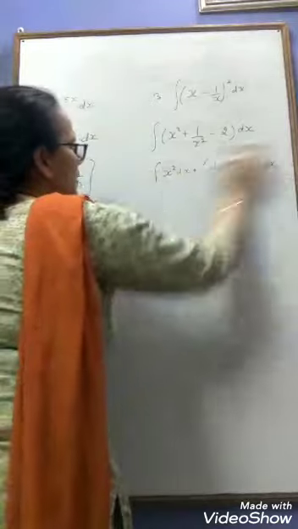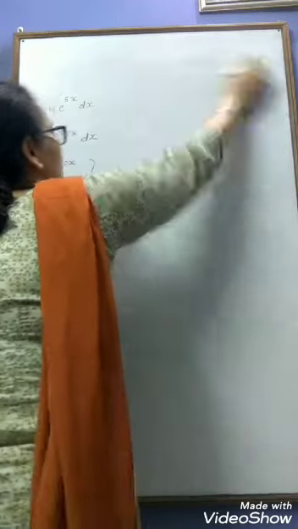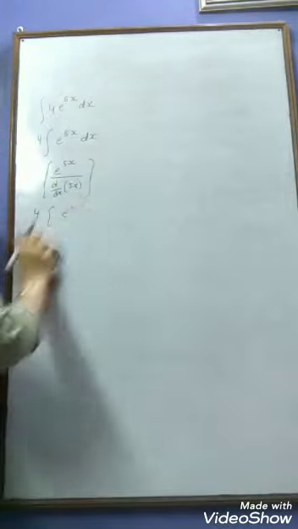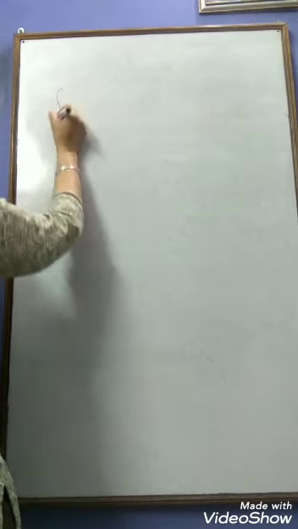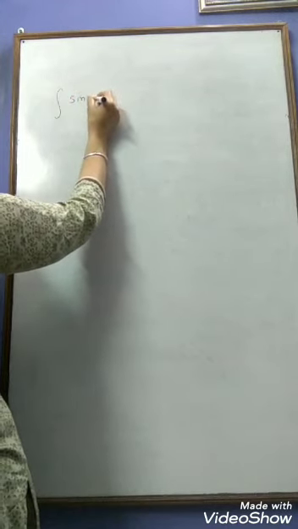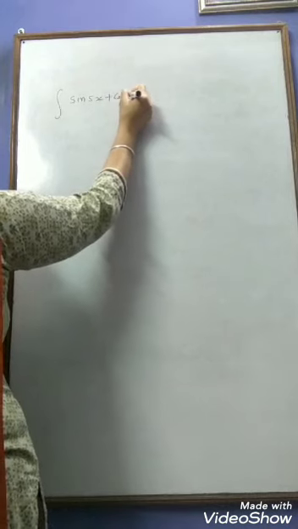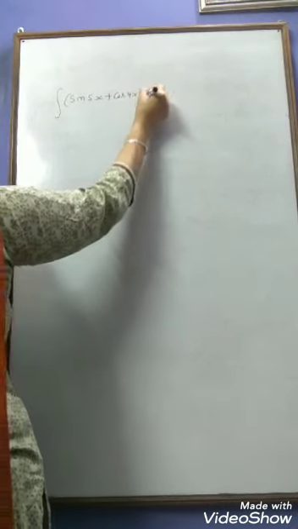Then we come to examples of trigonometry. In trigonometry, the integration of sine gives minus cos, and cos gives sine. The question is the integral of sin 5x plus cos 4x dx.